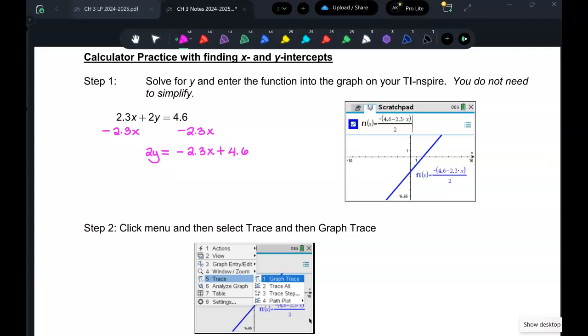And then I'm gonna divide everything by 2. So y equals 2.3x plus 4.6 over 2. Isn't it 2.3 minus 4.6? It doesn't matter.